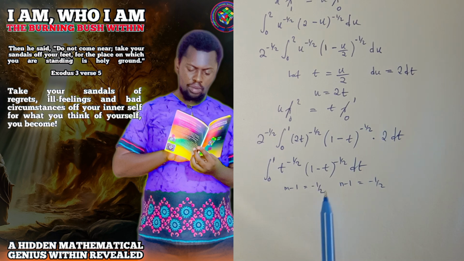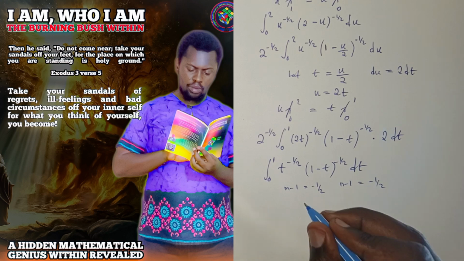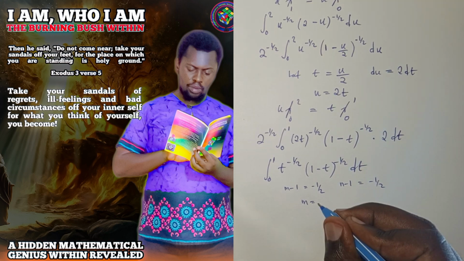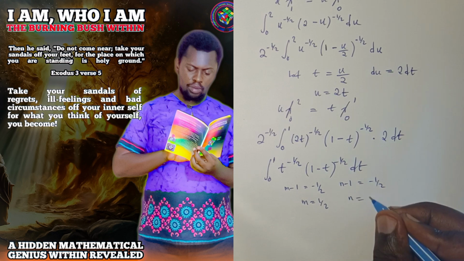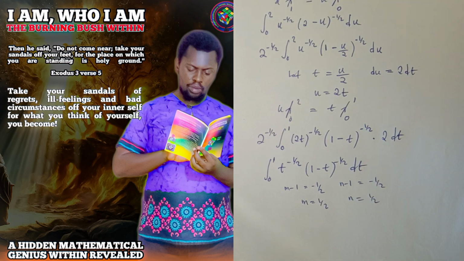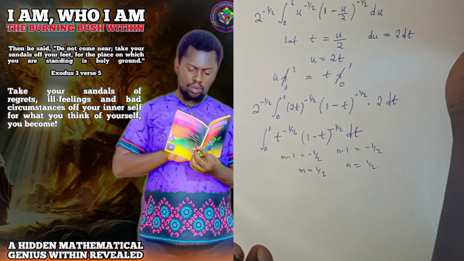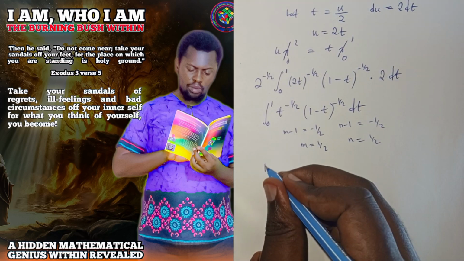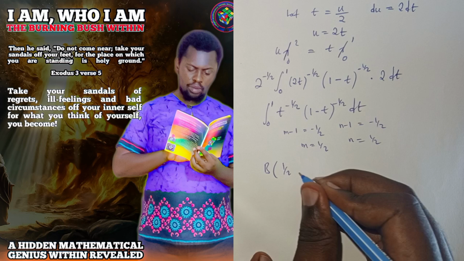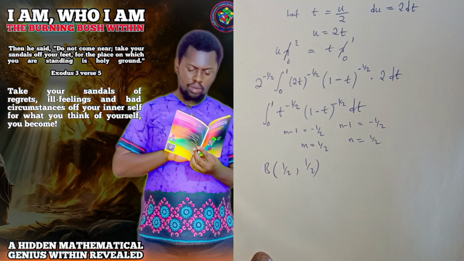So it will be minus 1 over 2 plus 1, and we get 1 over 2. So m is equal to 1 over 2, and n is equal to 1 over 2. So this is just beta of 1 over 2, 1 over 2.